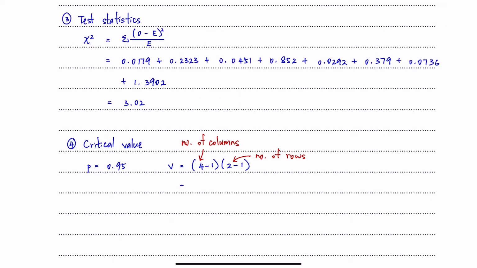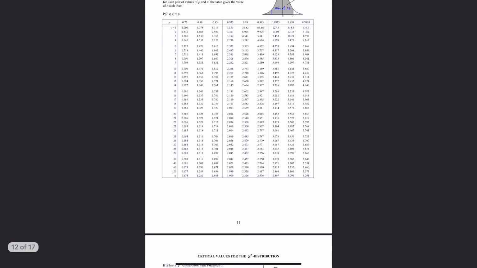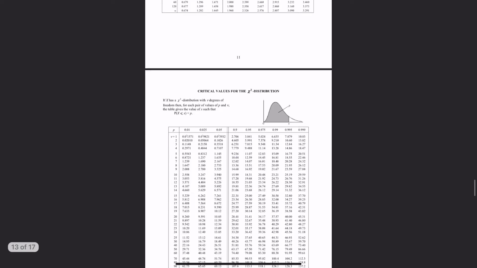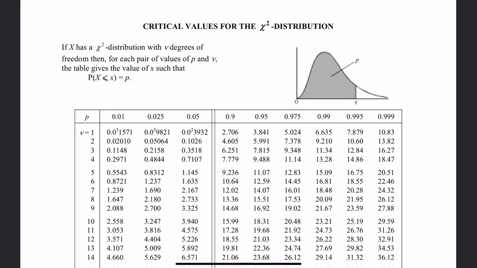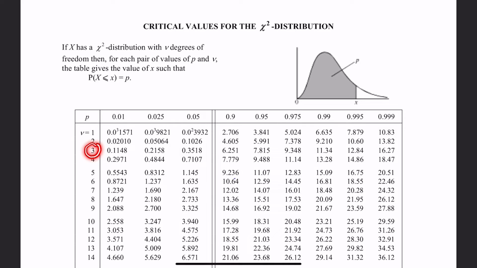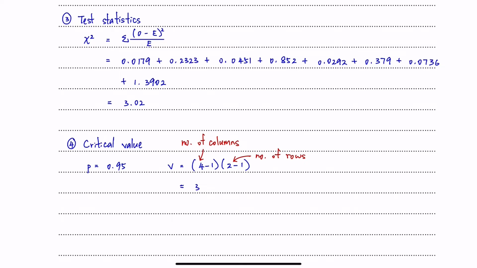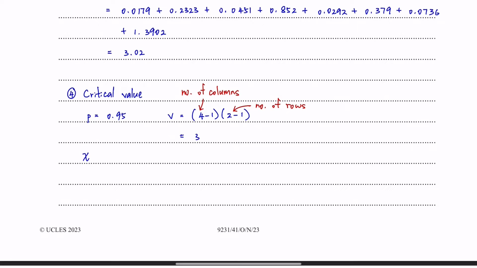So this would give me 3. And now we refer to the formula booklet for chi-square distribution. So V is 3, and we find for 0.95, we would get 7.815. So the critical value would be 7.815.